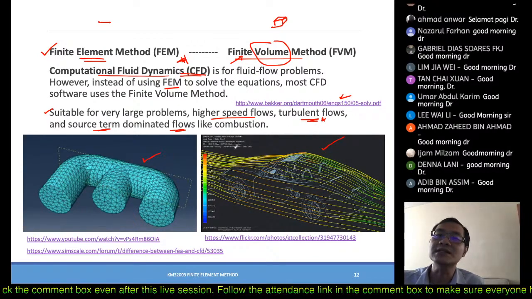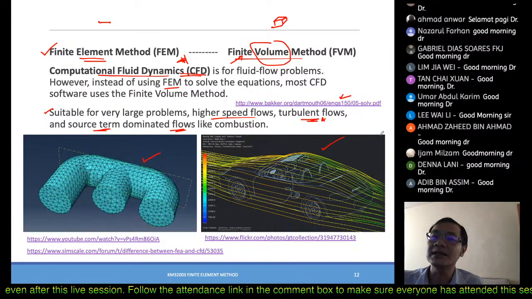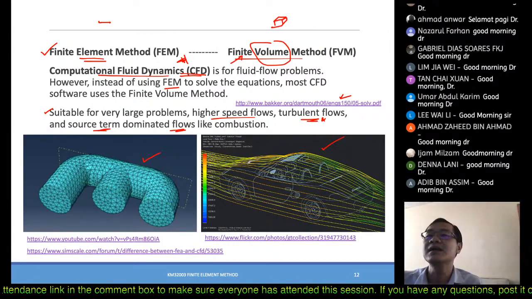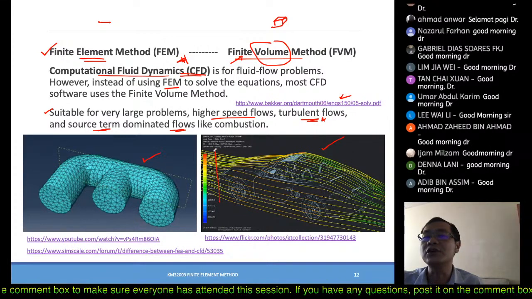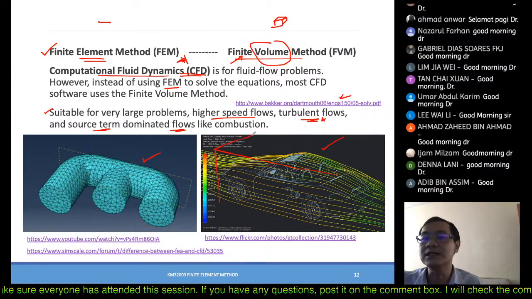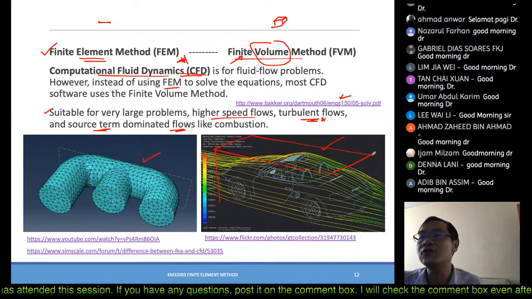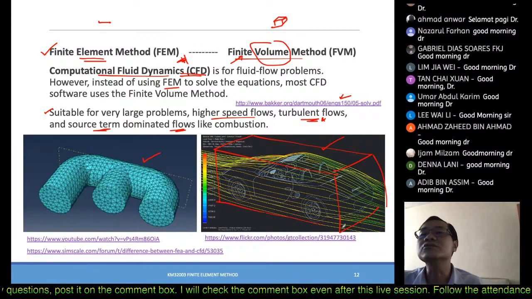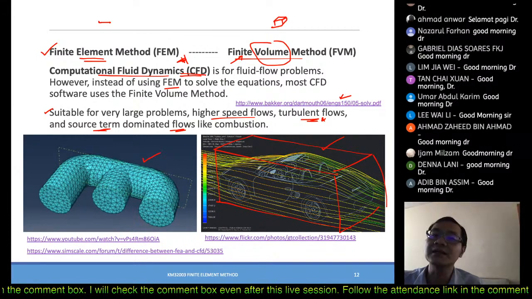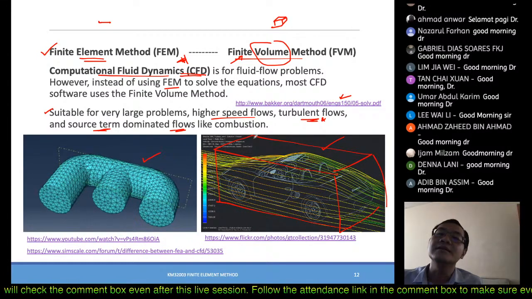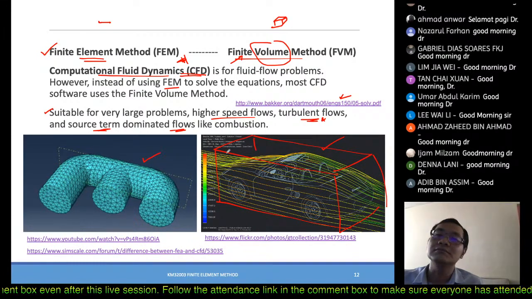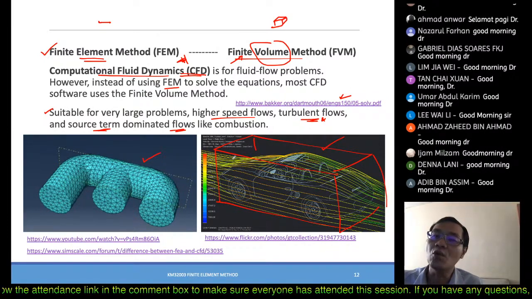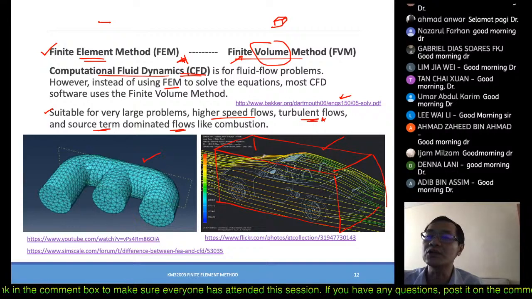Whereas in most of the CFD software, they will define boundary conditions or the volume of the test. You have to draw the object, and then the software will mesh the whole volume, how it's actually going through.